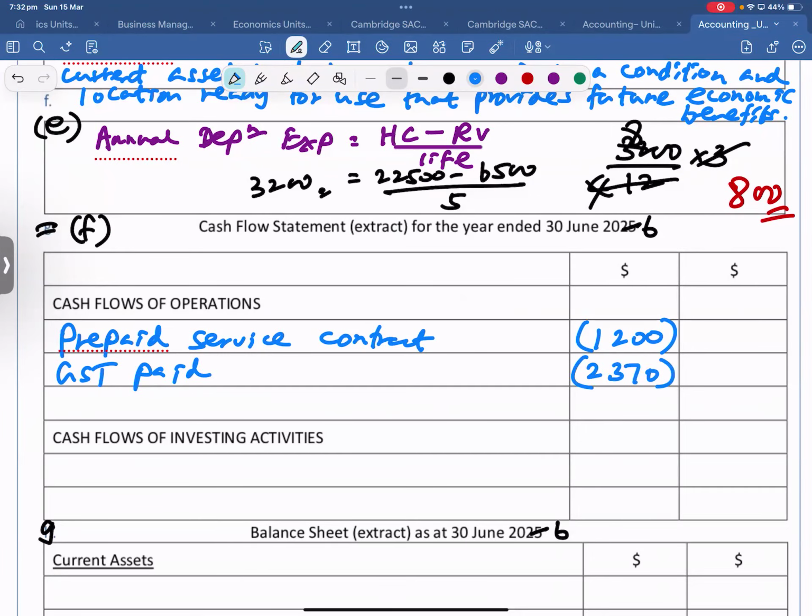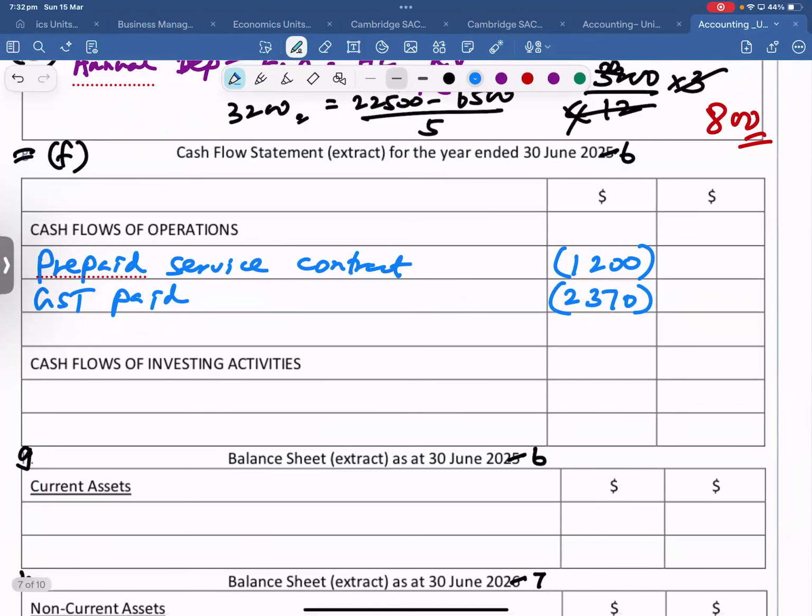And what else? Net cash, don't worry. Then, sorry, investing activities, what is it? Delivery van. How much? 22,500. Anything else? Sorry, there is another thing, if it was given.